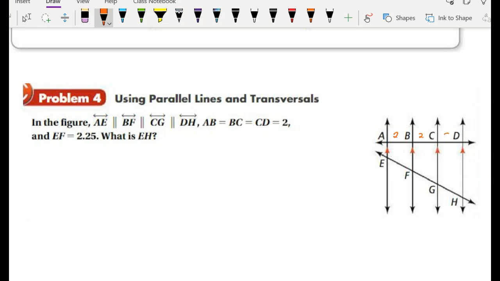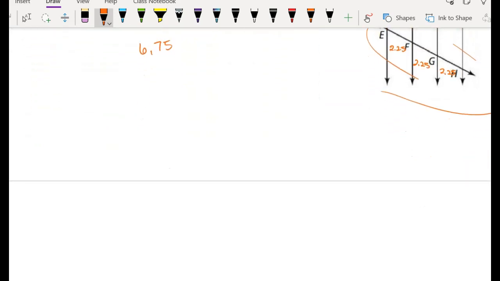So I know all of these are 2, and I know that EF is 2.25, and they want to find EH, which is this length. So 2.25 plus 2.25 plus 2.25 will give me 6.75. And that's all we have.